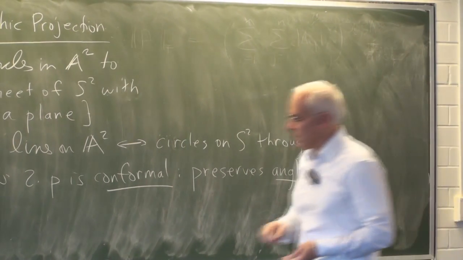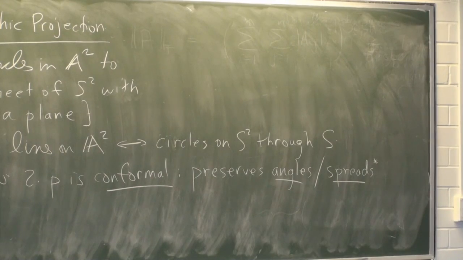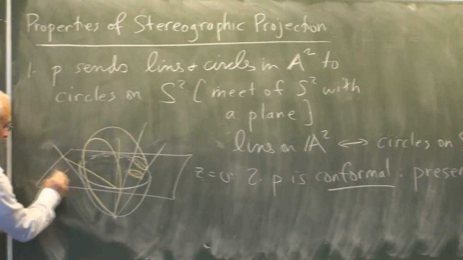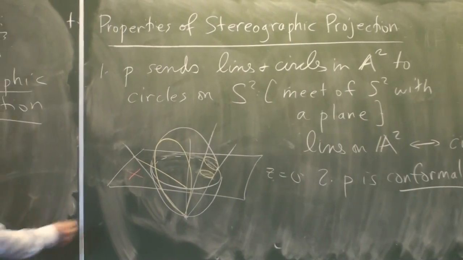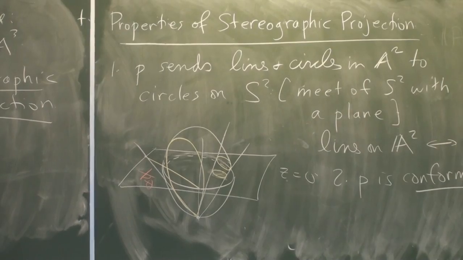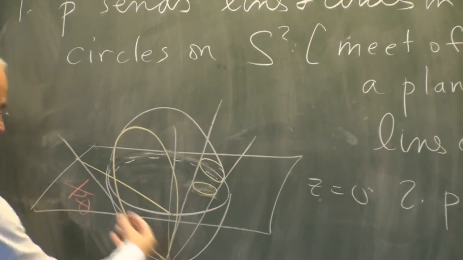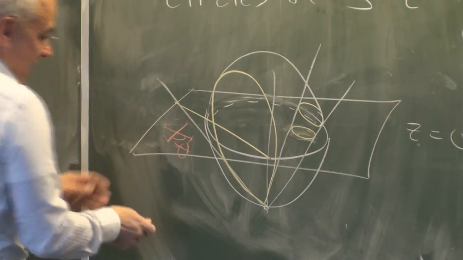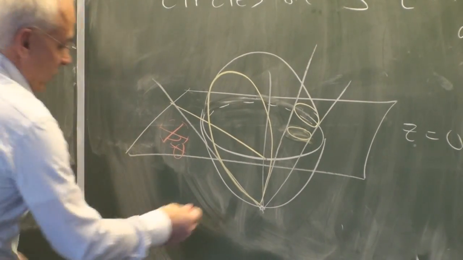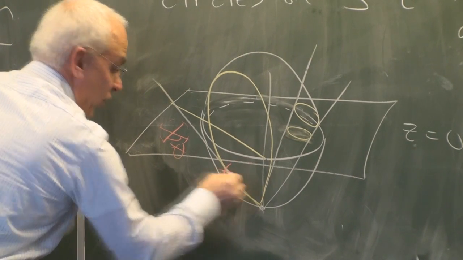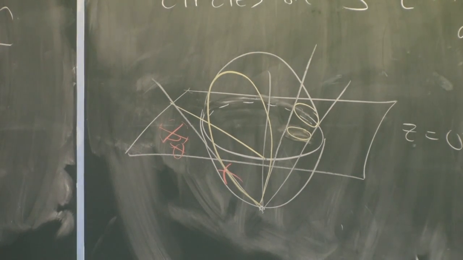Well, it means that if you have two little lines meeting at some angle or some spread, let's say it's an angle of theta there, and you project these two lines, we don't really care about what happens otherwise. When you project onto the sphere, you're going to get two curved parts of circles.